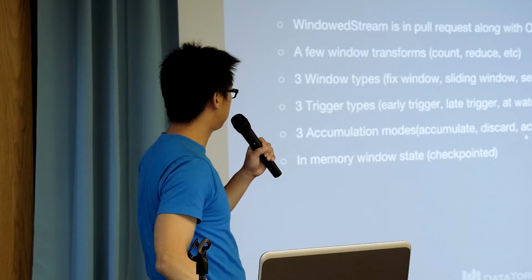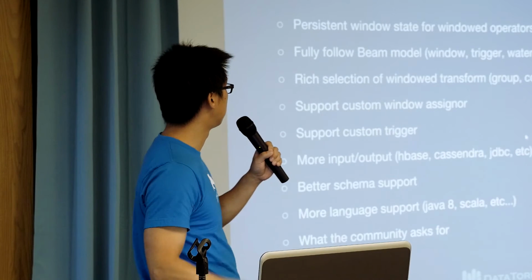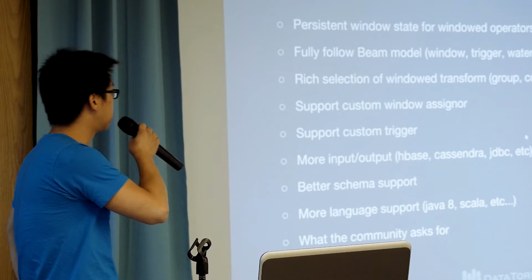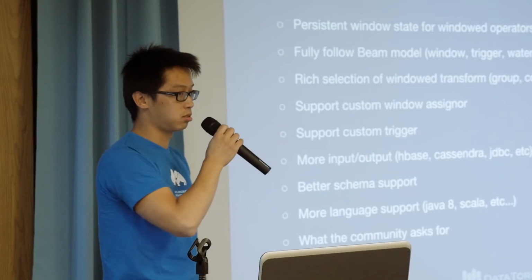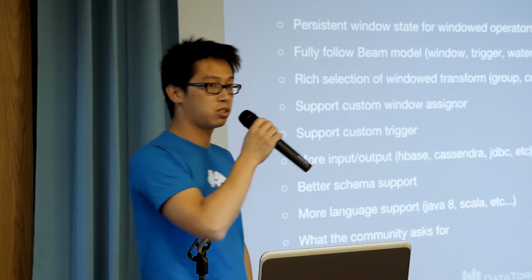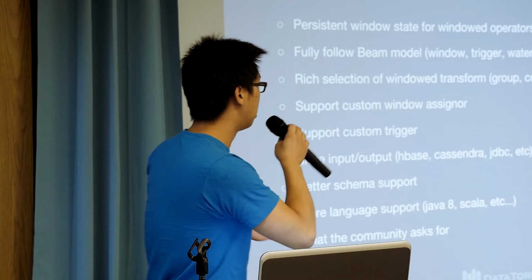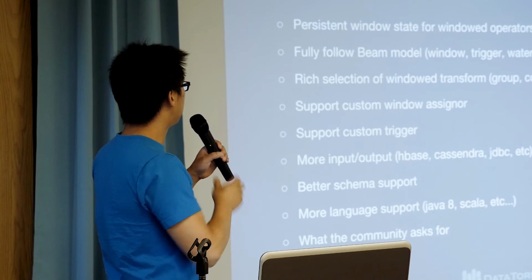Next slide. In the roadmap, as you can see, the highest priority is persisting the window state. For the large window state, we need to persist it into a persistent layer, so we can use those window transformations with big data sets.